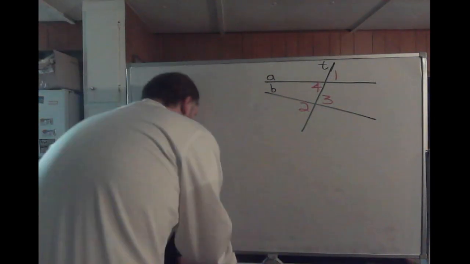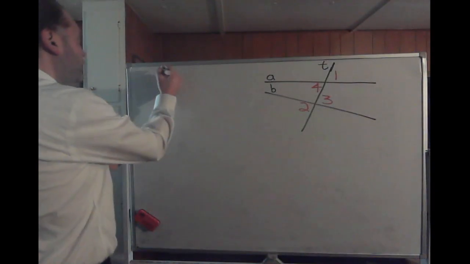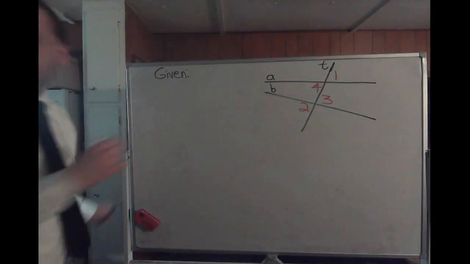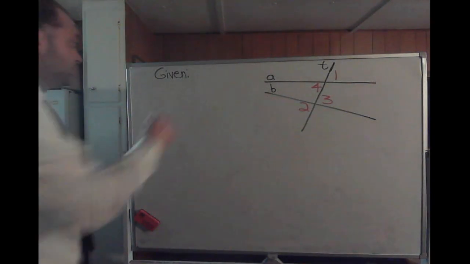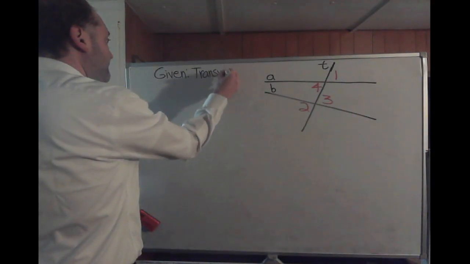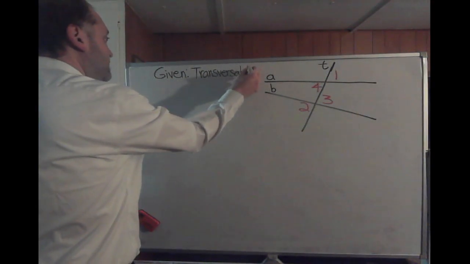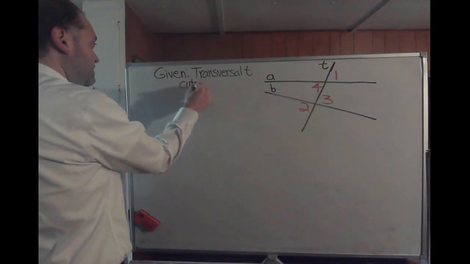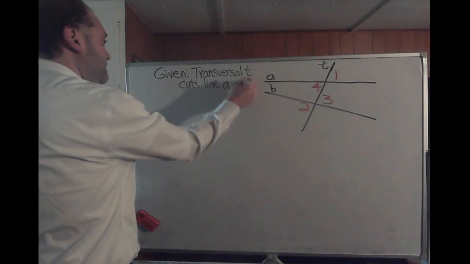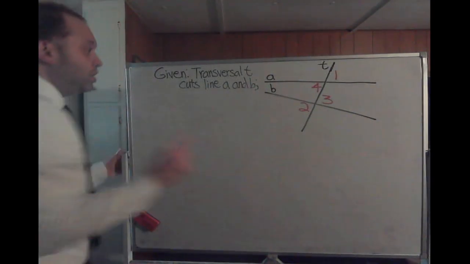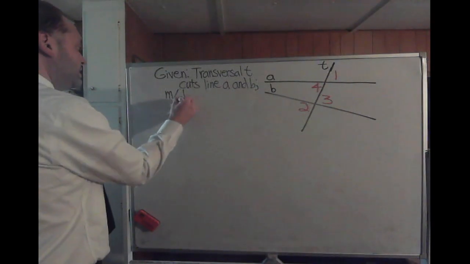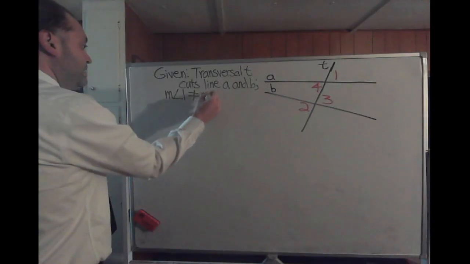Alright, so this is going to be an interesting one. We are given, in this particular case, transversal T cuts lines A and B. We're also given that the measure of angle 1 does not equal the measure of angle 2.